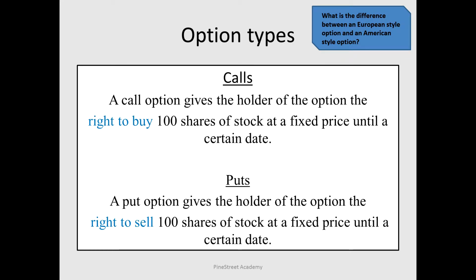Before we look at option types, there are two different styles of options: the European style option and the American style option. The major difference between the two is that the European option can only be exercised on the expiry date, and the American option can be exercised at any time until the expiry date.